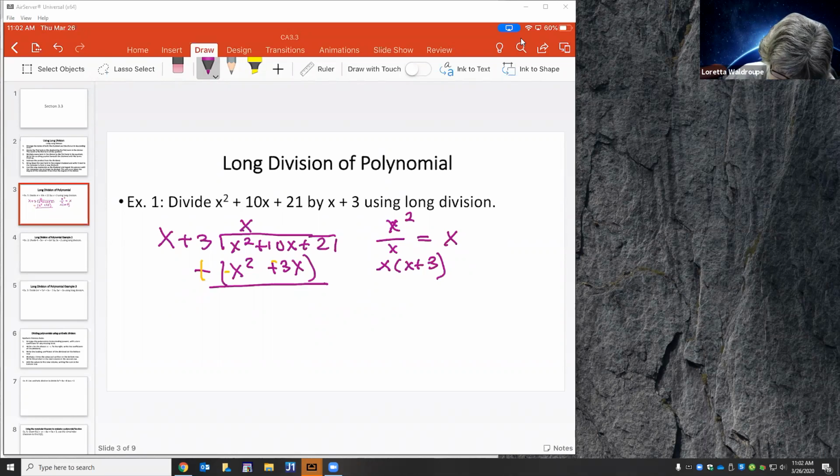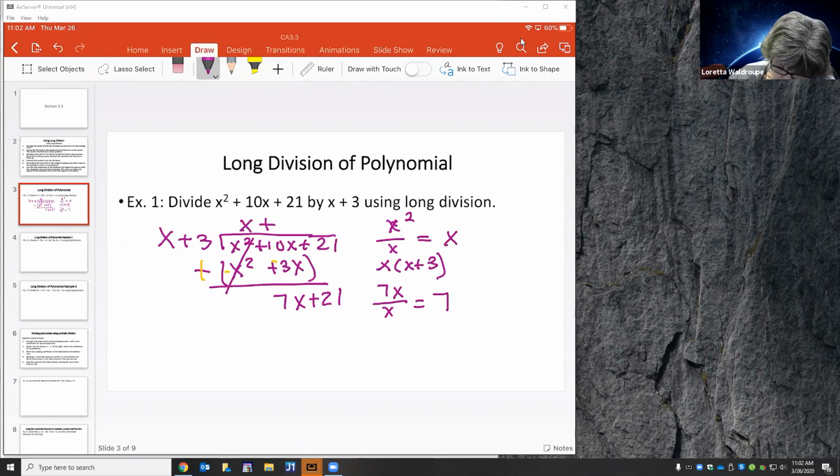So as we look, the first terms cancel, and 10x plus a negative 3x gives us 7x and plus 21. Now I have to divide first term by first term again, and I get 7.